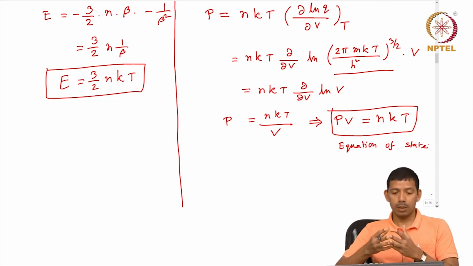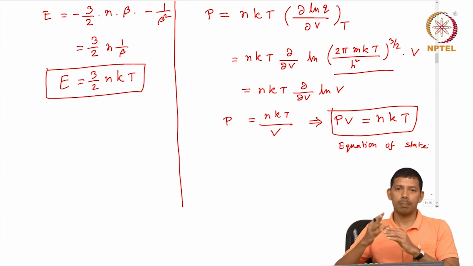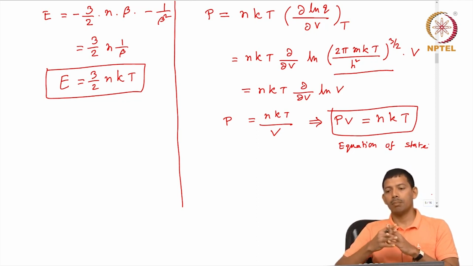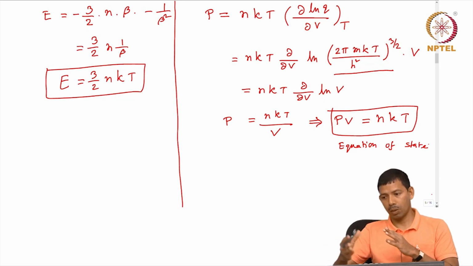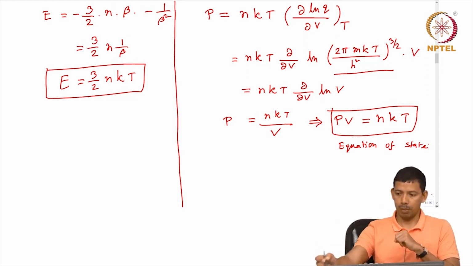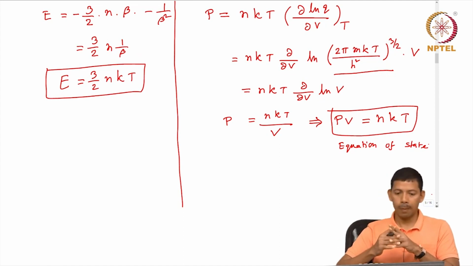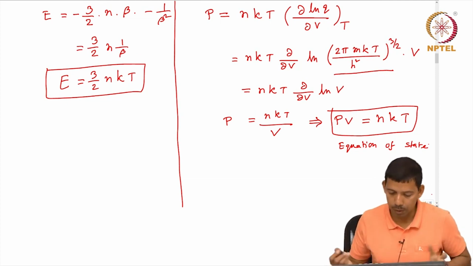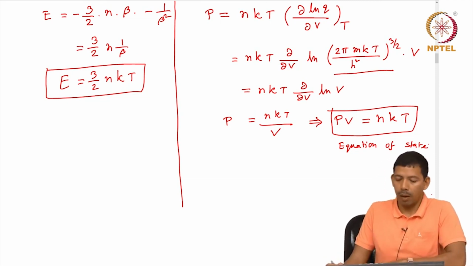Statistical thermodynamics gives you the microscopic information in terms of the partition function, and that partition function can bring out not only the thermodynamic expressions, but also correlate to many classical equations you know, like P is equal to N kB T, or total energy is equal to 3 by 2 N kB T, where kB is the Boltzmann constant, which I have written as k here.